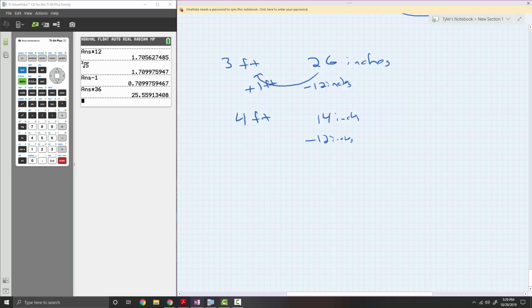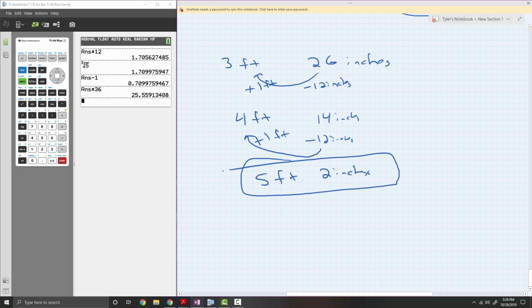Then I can take away 12 inches again and bring it over here, which is like adding another foot, so that would be 5 feet. And 14 minus 12 is 2 inches left. That would be the answer. So each dimension should be roughly 5 feet, 2 inches.